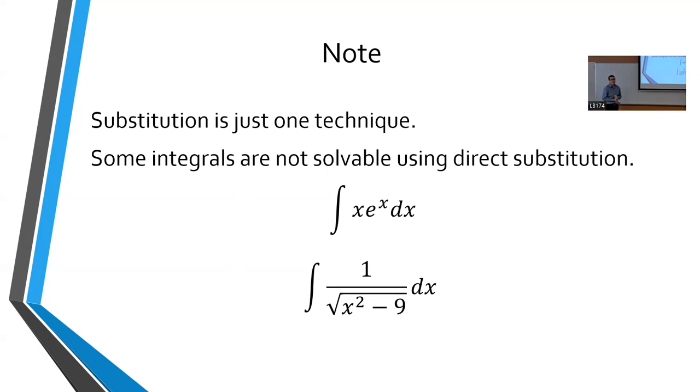And that's what most of the rest of chapter 6 is going to be. What if we can't use substitution to solve these? Or at least not just replacing an algebraic expression with an x or a u. So here are two examples where if I just made an algebraic expression equal to u, it wouldn't go so well.